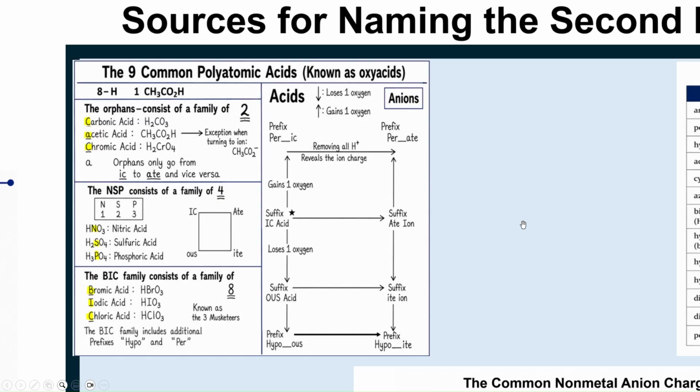They can come from the 9 common polyatomic acids, which must be memorized to derive their corresponding polyatomic anions. So basically what I'm telling you is, remember these 9 common polyatomic acids, and from there you're going to be able to derive their anions.